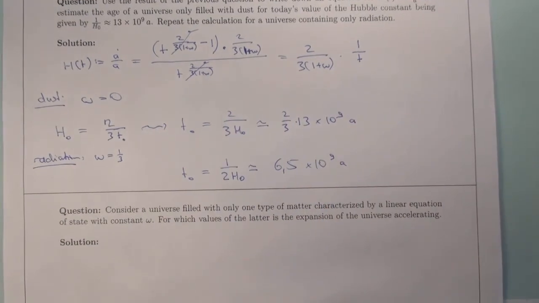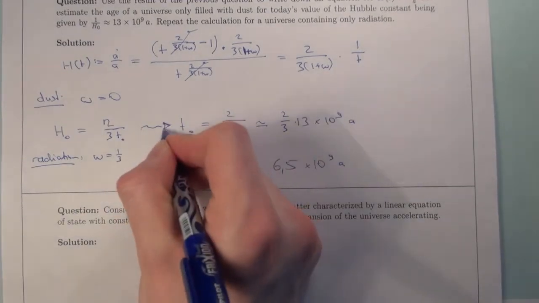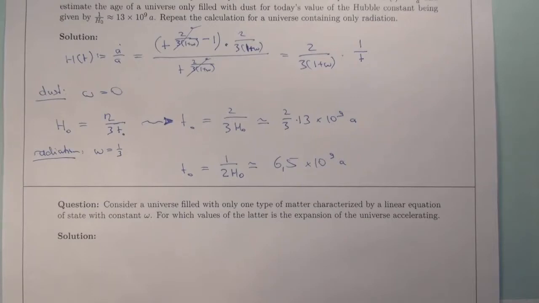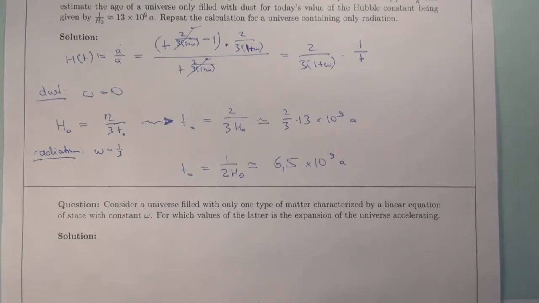So you see, for different models that we impose, we get different results for the age of the universe, for some estimate of that. Of course, this whole thing is much more complicated, but I think it's quite nice to have such an easy model and get such good results.